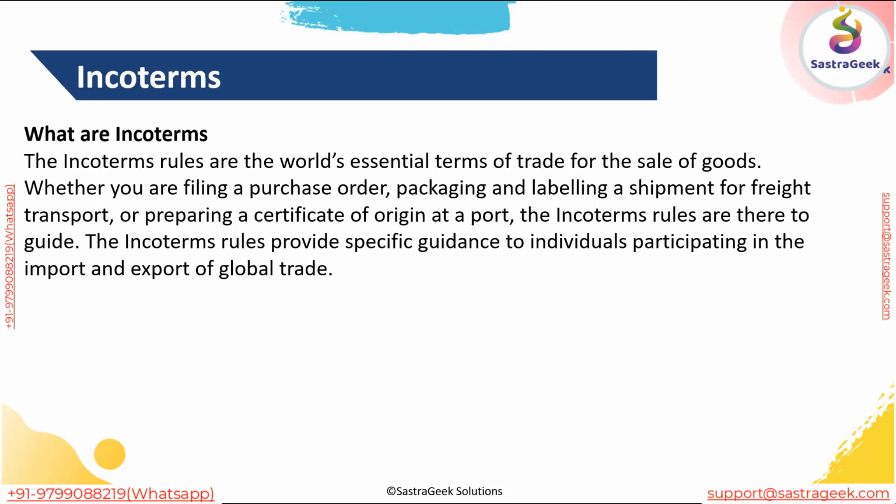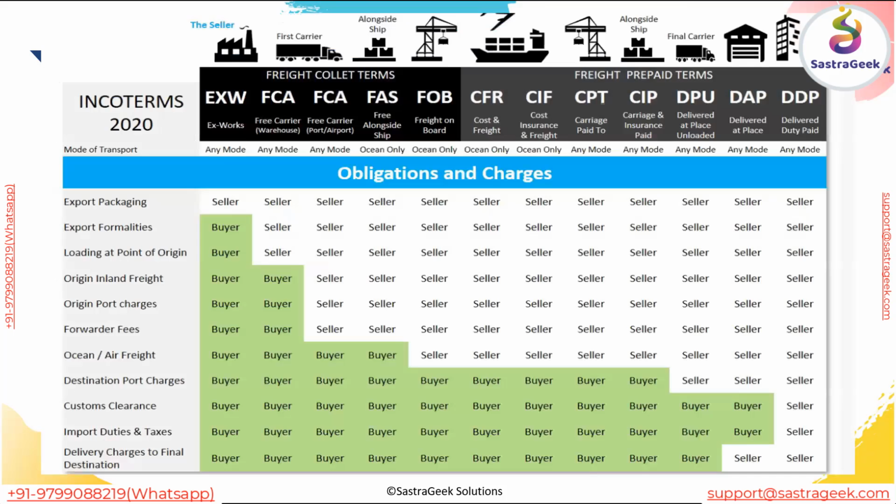They have various terms, out of which these 8 to 9 terms are very frequently used. There are, I guess, more than 15. I don't remember the exact number, but more Incoterms are available. Generally, these are used.